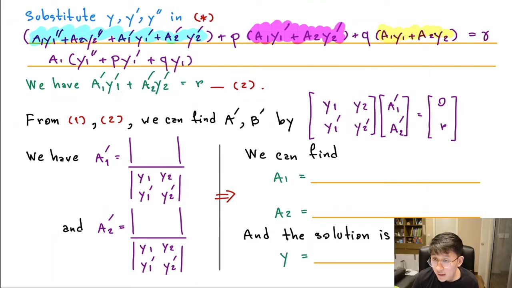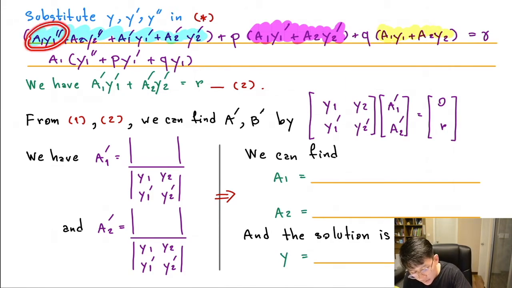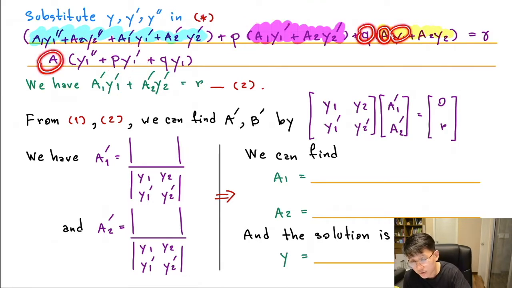Can you see that? Why? Because if you look here, a1 y1 double prime is actually this term. Then a1 p y1 prime is this guy, and a1 q y1 is this guy.